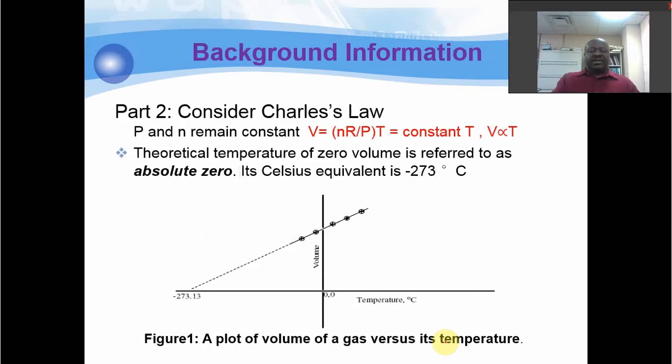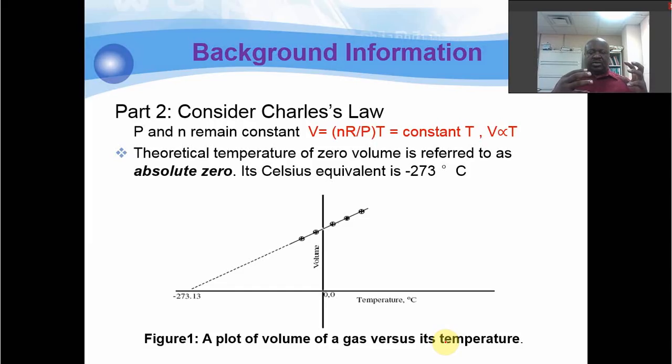I've already described that. All right. Now, to introduce this, let's reference Charles's law, because that's what is in your textbook anyway. In this case, V is directly proportional to T, or V divided by T is equal to a constant. What happens when you take a volume of a gas, you change the temperature and you allow the volume to vary?